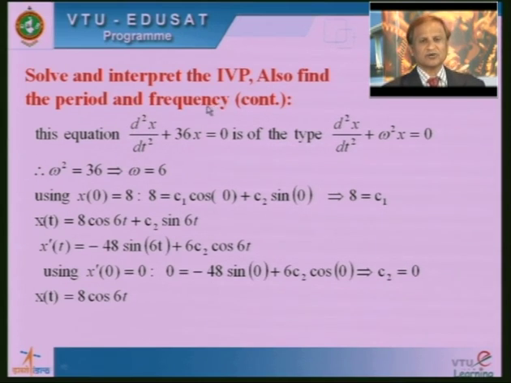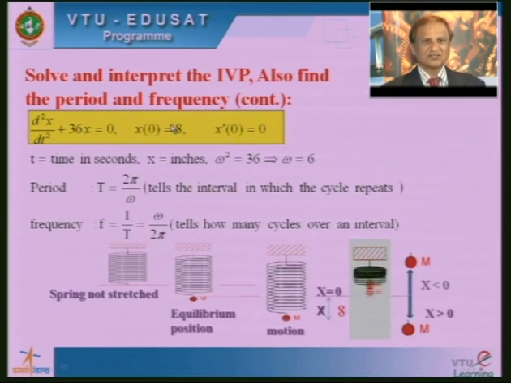Friends, in the problem statement they have also asked us to calculate the period and frequency. So, how are we going to calculate the period? The given equation contains some variables, as I have already explained. It contains t. T means time, in seconds. x means inches.